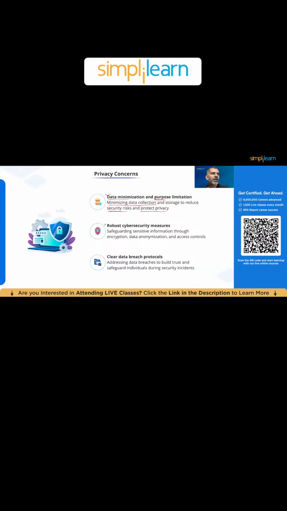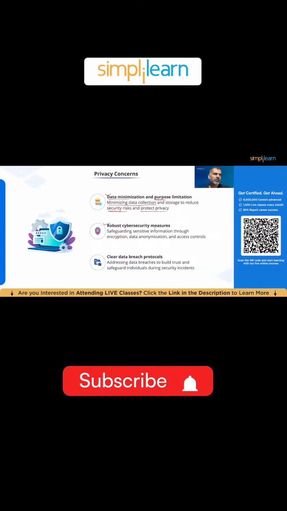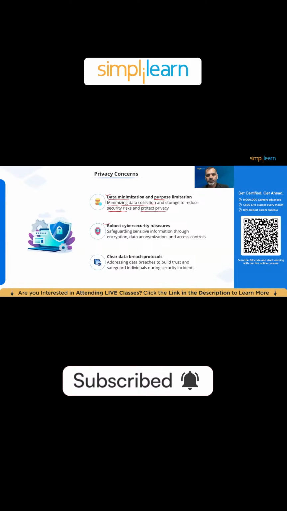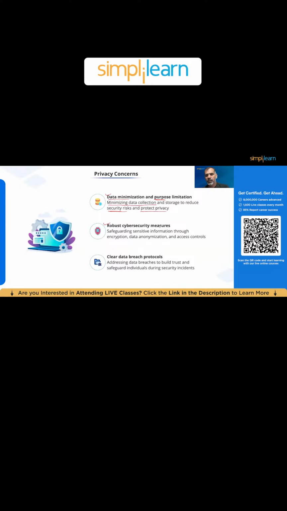The second is to ensure security in your system, you have to install some robust cybersecurity measures. So only authorized users will get access to the data, and no unauthorized user can access the control. That's another practice, but it is outside of the data collection process. This is something related to the organization point of view. And there are some clear data breach protocols that are also introduced.